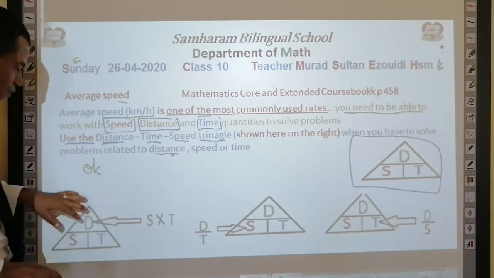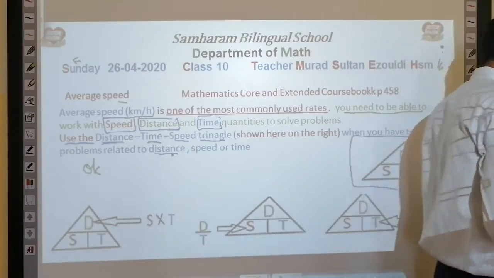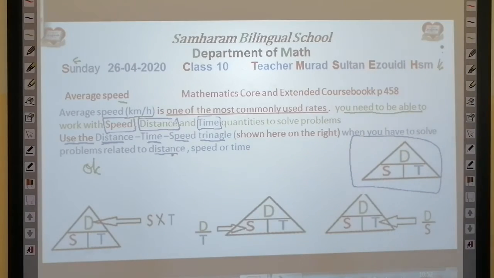Let's focus on the first triangle, when we work out the distance. This triangle contains D is distance, S is speed, and T is time.